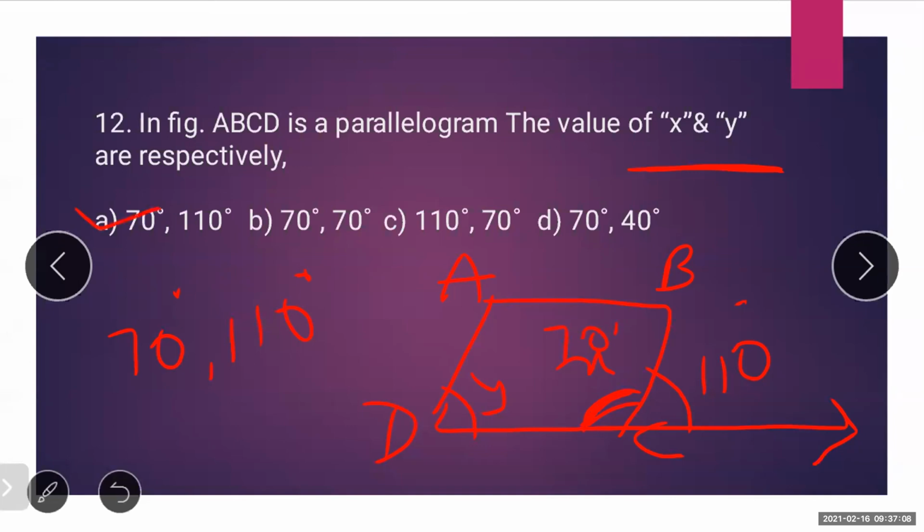But sometimes students might make a slight or silly mistake, marking the option as C, that is 110 and 70.